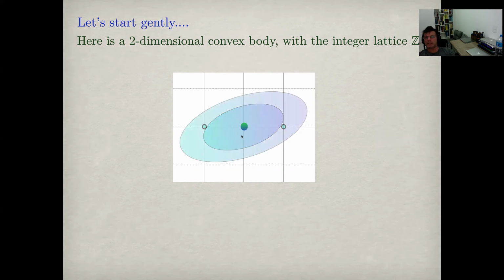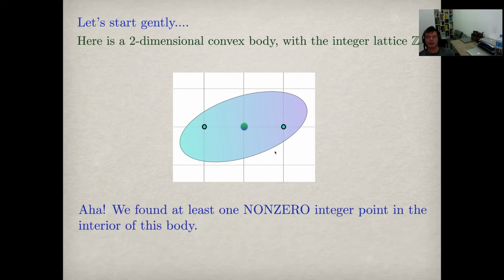And so it is a theorem of Minkowski that for convex bodies that are very symmetric about the origin, and we need to define what that means, if the area is less than 4, they will not contain another integer point, no matter how hard we try, as long as they're convex and symmetric about the origin. But if the area is larger than 4, then they always will.